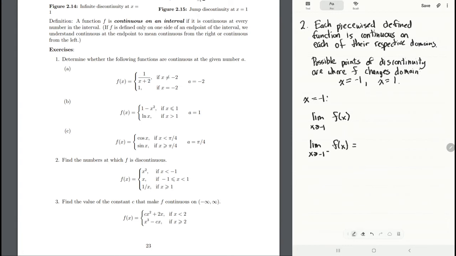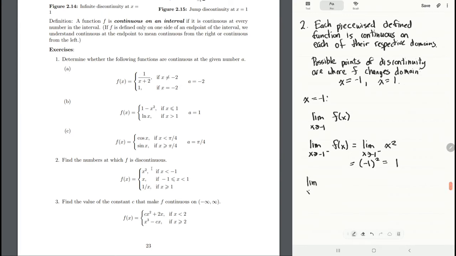So if we approach -1 from the left, so x is smaller than -1, then our function f of x will be equal to x squared. So the left-hand limit to -1 is of x squared, and then we can substitute our limit into our function. So we have -1 squared, which is +1.